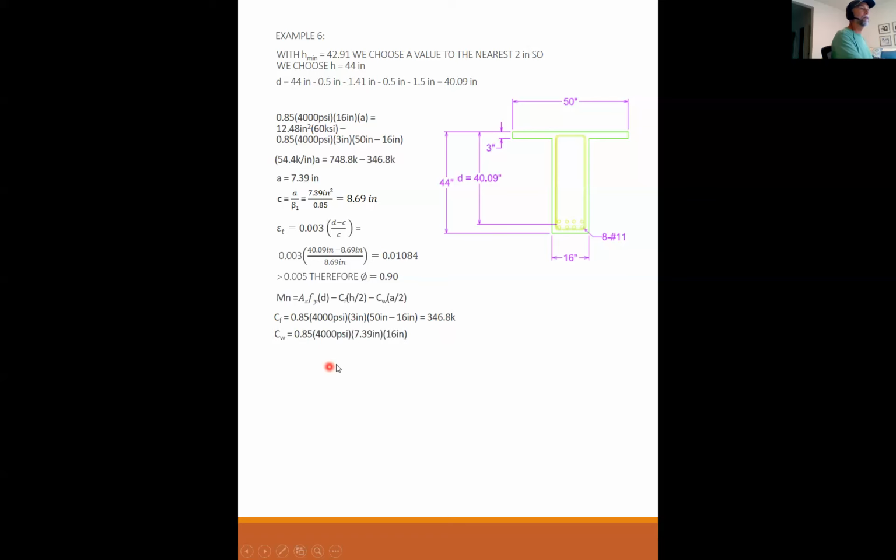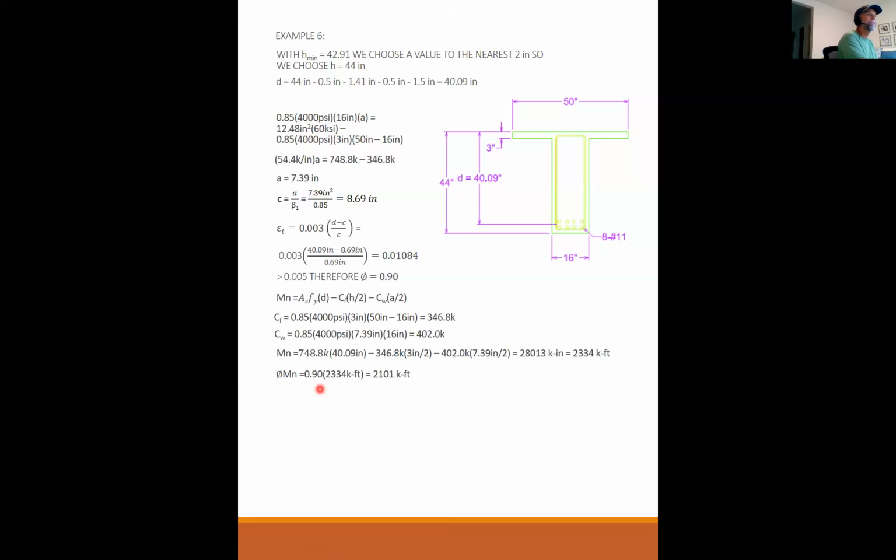Force in the web, here's my little a, 402. And I already had T up here somewhere. And so Mn, the nominal capacity, is 748 times 40.09 minus 346 times 3 over 2 minus 402 times 7.39 over 2, which gives you 28,013 kip-inch or 2,334 kip-feet.